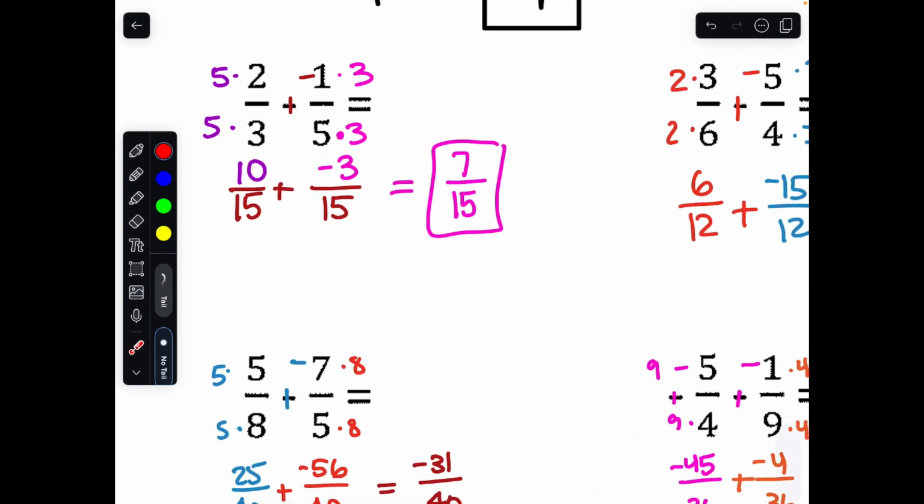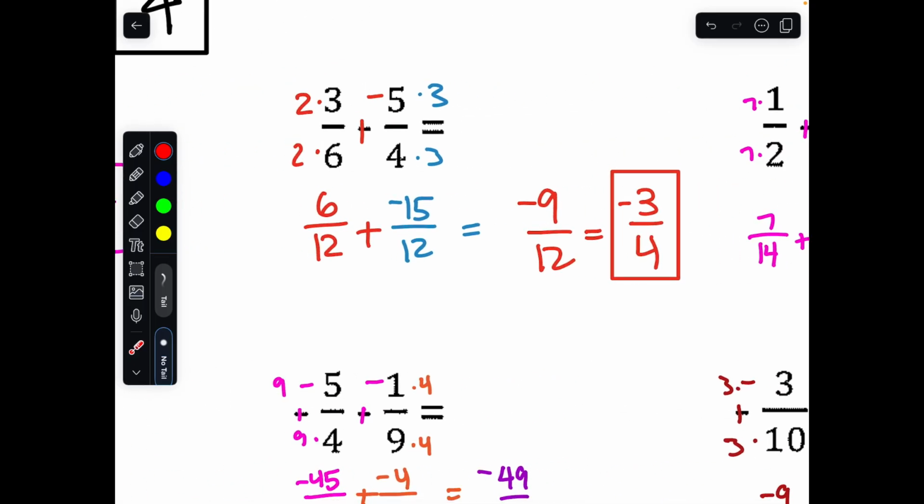On this one, we see that 3 cannot become 5, but we can multiply 3 times 5 in these scenarios. That's how we get 15. So this side is multiplied by 5, and this side is multiplied by 3, and then we add our top numbers, our numerators, and we get 7/15.